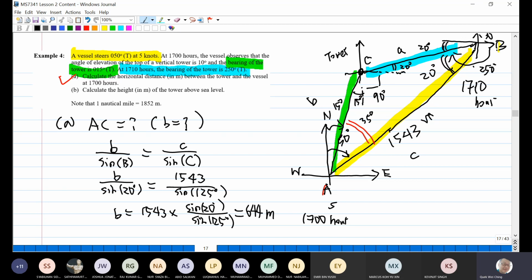So you have to pair them so that you can get them. Initially I used A. Unfortunately, I don't know A, so I must use C now. C is 1543, with the angle C we know. So you must have something you know that you can continue working on.